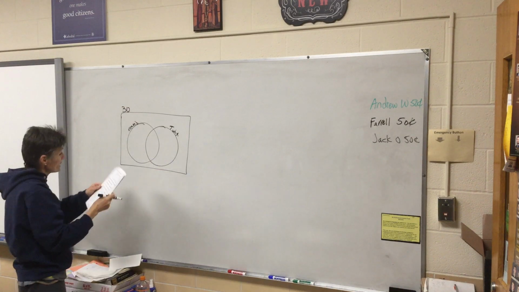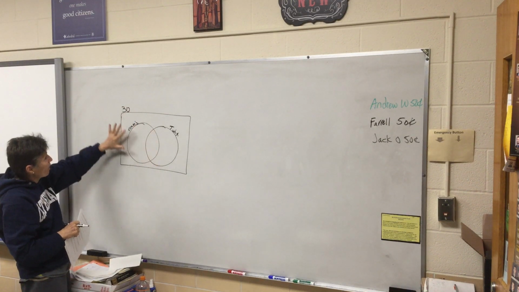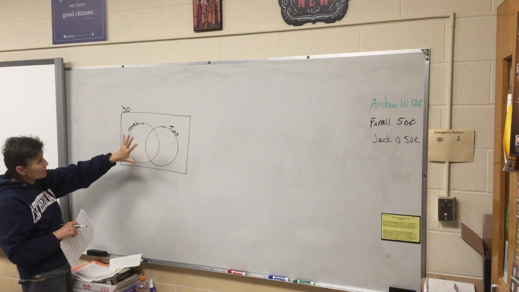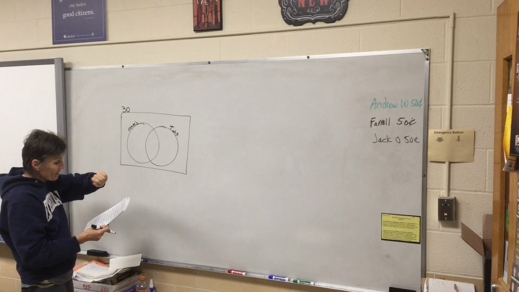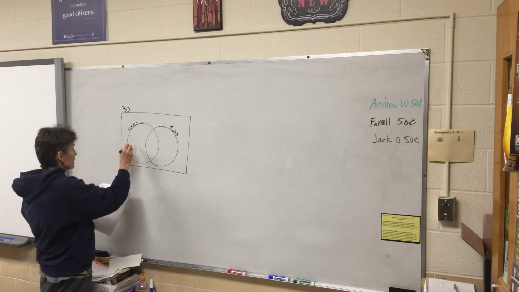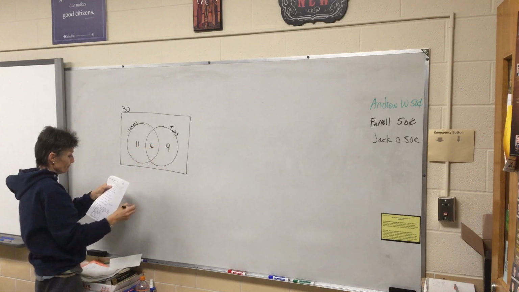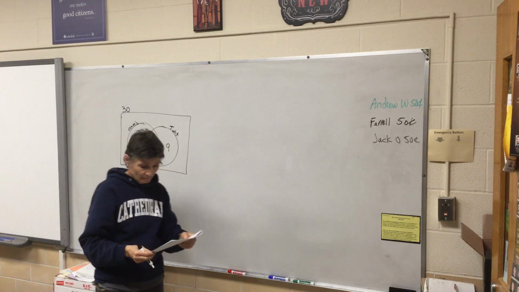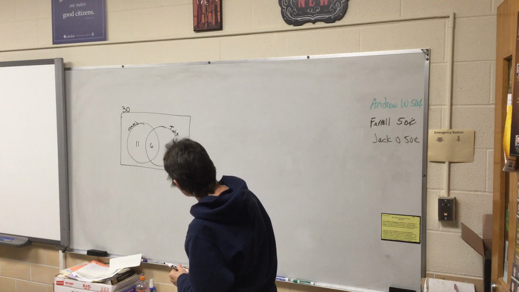And the 30 up here represents all the people in the problem. So this tells me that there are 30 people in this box. And we apparently have surveyed them, and 11 are here, and 6 are here, and 9 are here. So we have surveyed them and gathered this data.